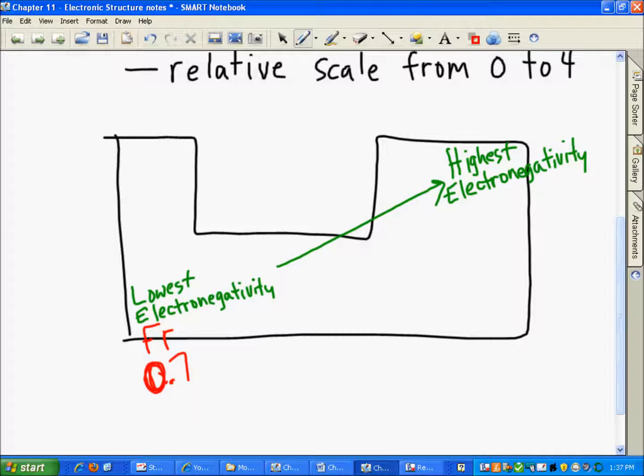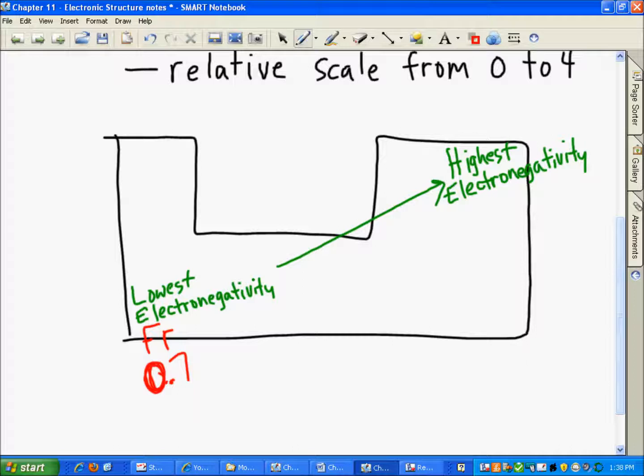You predicted it would be helium, but see if you can find the element that has the highest electronegativity. Nope, not neon. In fact, helium and neon don't have any electronegativities listed. So of the elements that have an electronegativity listed, what element has the highest electronegativity?